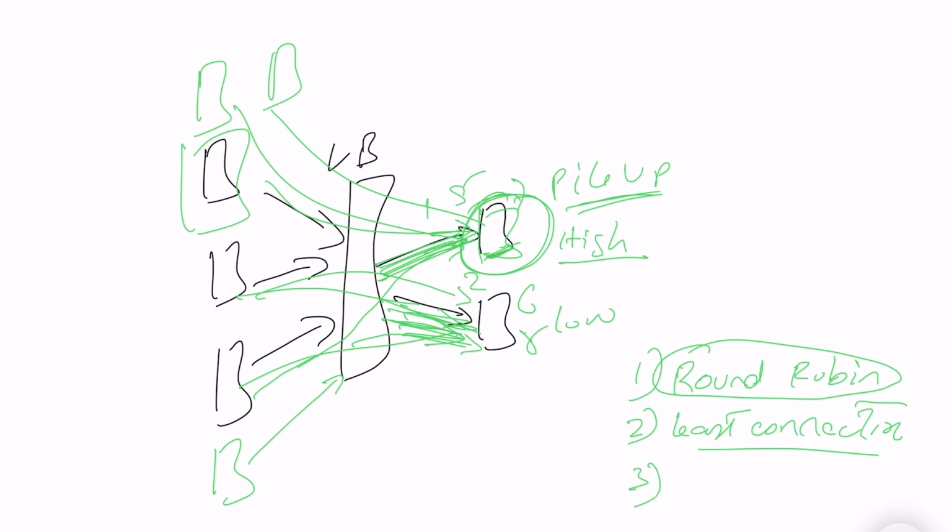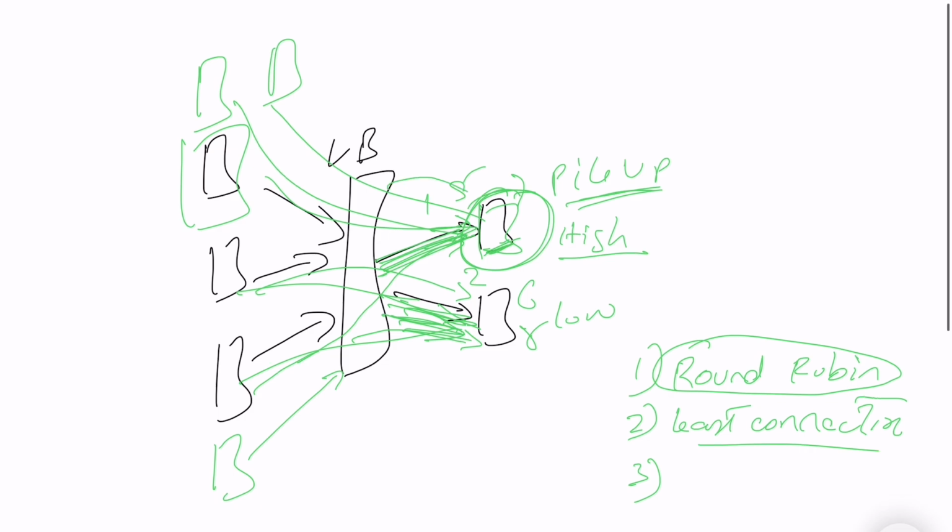Third is latency and response. This is in a LAN environment, where it probably may not be used so much, but the LB can ping or probe how much time this server takes to give a response. Let's say this server is giving a response in 100 milliseconds, and this server in 300 milliseconds.